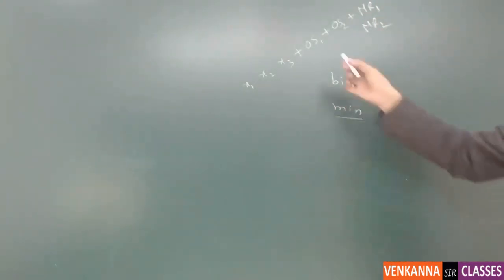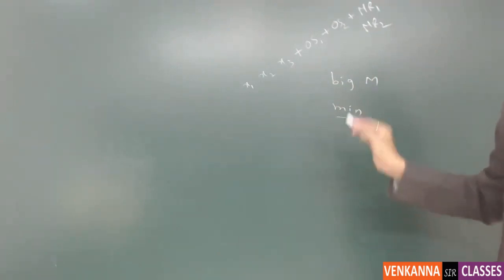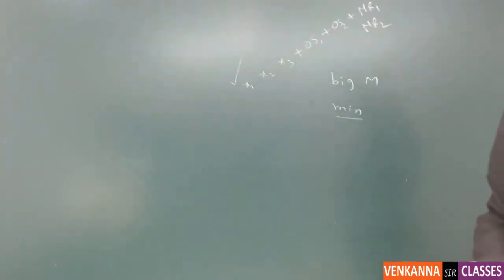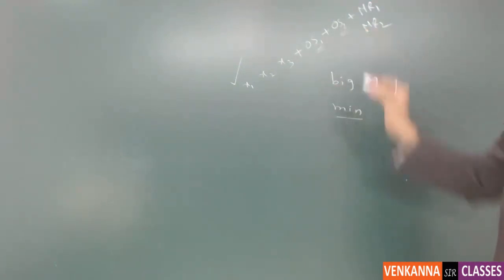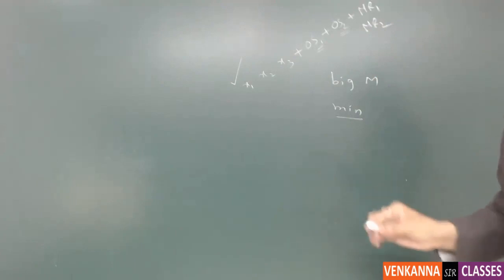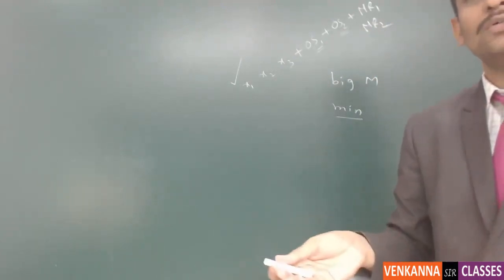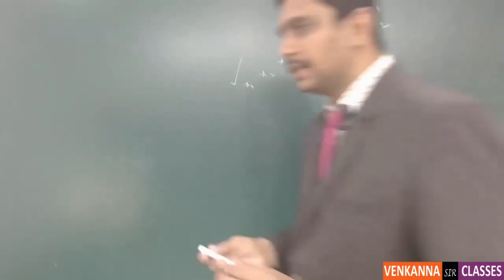Even though S1, S2 values are obtained, they won't affect the objective function. These are slack variables or surplus variables, whatever you call. Before the start of the solution, we have to start with a basic solution, isn't it?